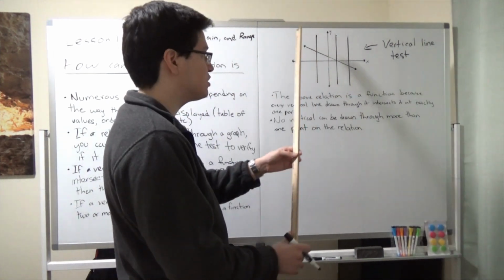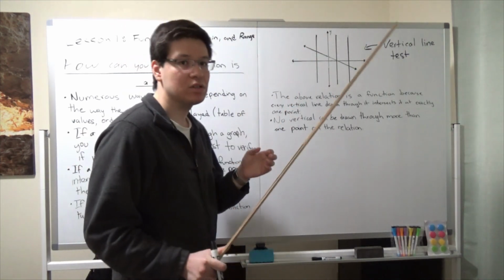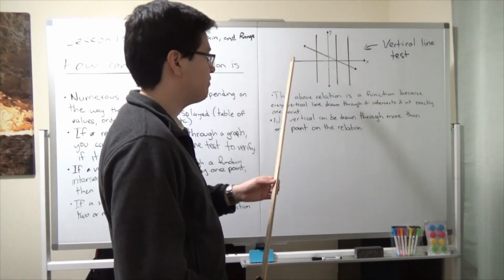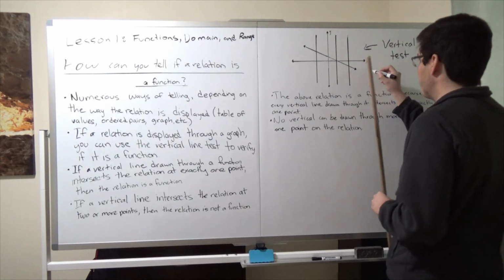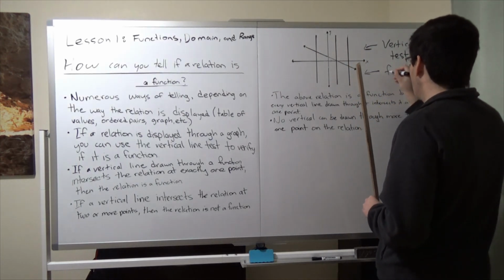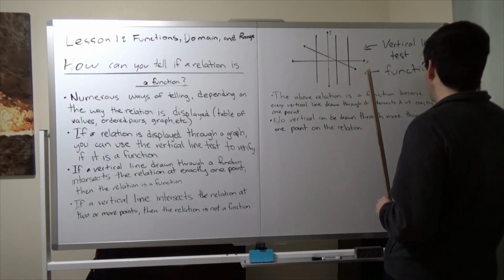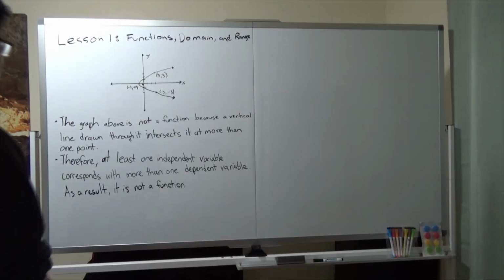Because you can't draw such a vertical line, it is a function. So this is a function. It passes the vertical line test.